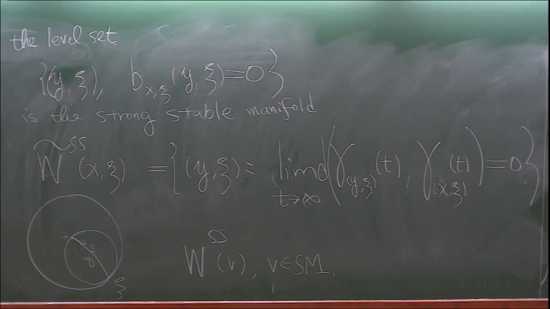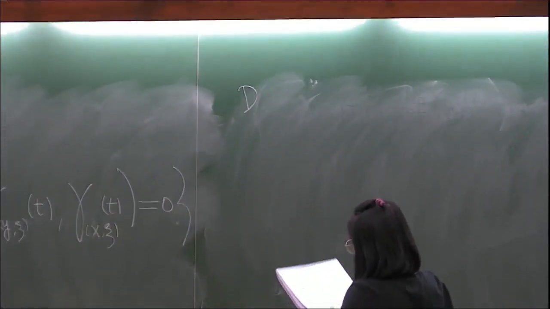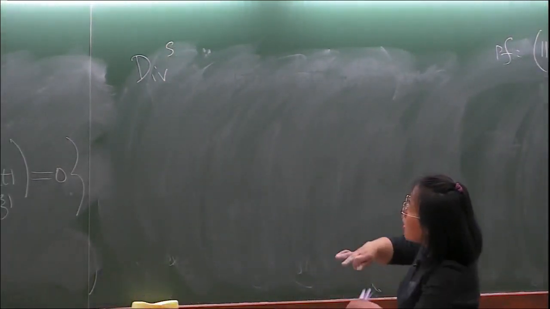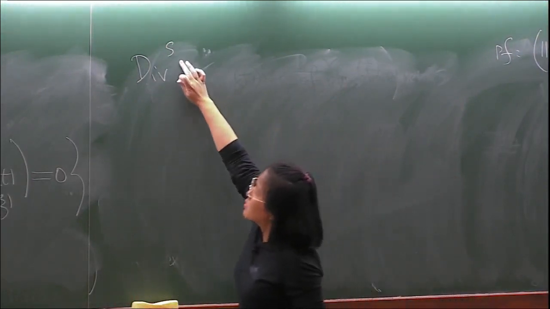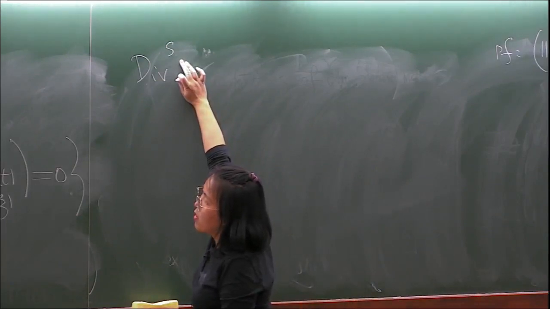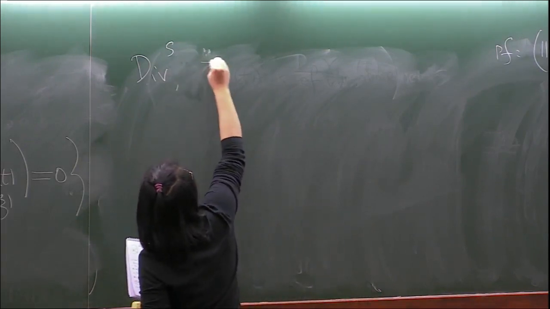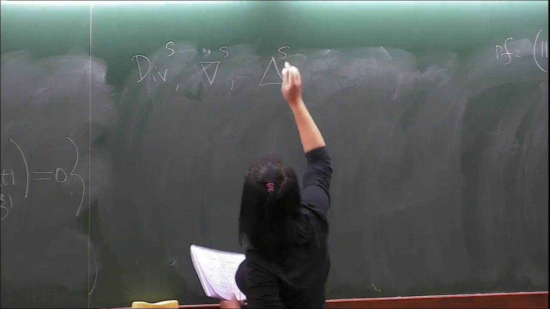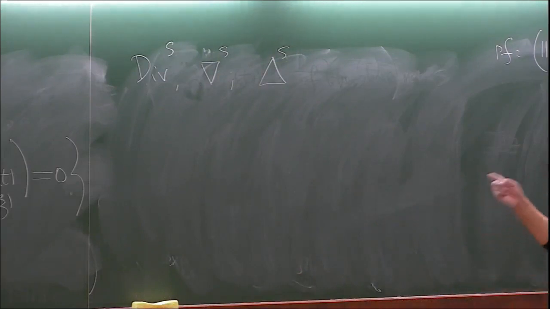Now we will use notions like this. If you have the divergence along these leaves, S means along the weak stable foliation, the leaves of this one, and then you have the gradient, and the Laplacian, meaning the divergence of the gradient.